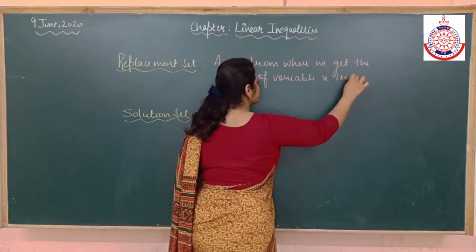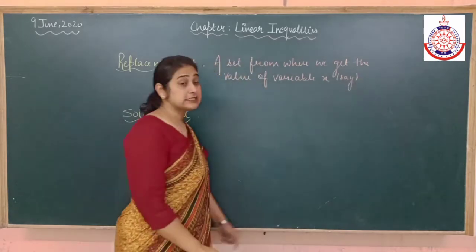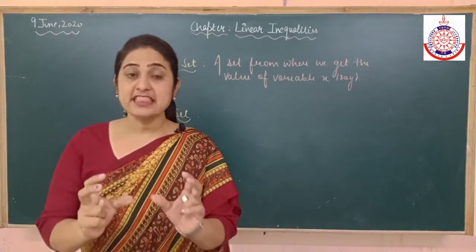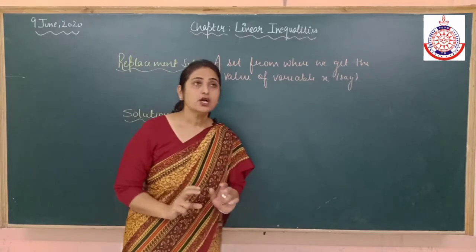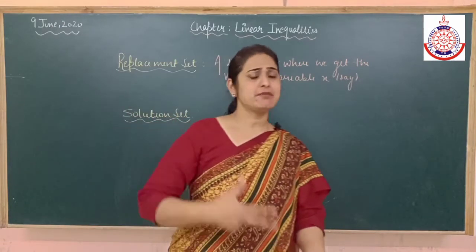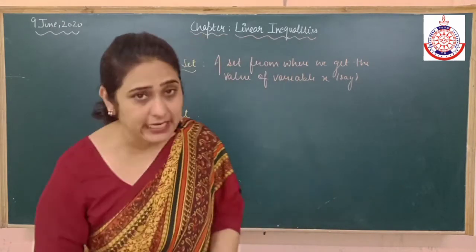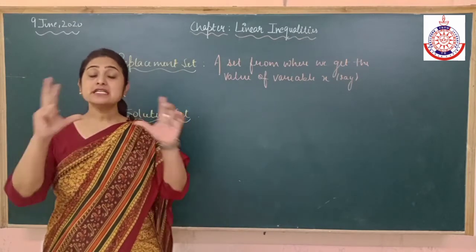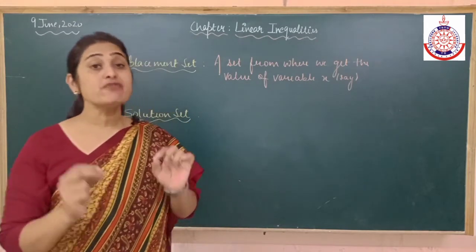If we have inequalities involving x, it is the bigger set from where we get the values of x. For example, it can be the set of natural numbers, whole numbers, real numbers, anything. So the replacement set is a bigger set from where we get the values of x.